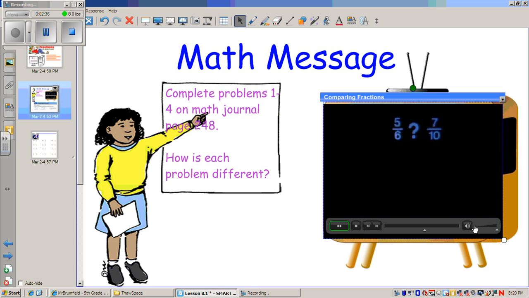We'll use the common denominator 60. We get it by multiplying 6 and 10. 5/6 equals 5 times 10 over 6 times 10, or 50 over 60. 7/10 equals 7 times 6 over 10 times 6, or 42 over 60. 50 is greater than 42.